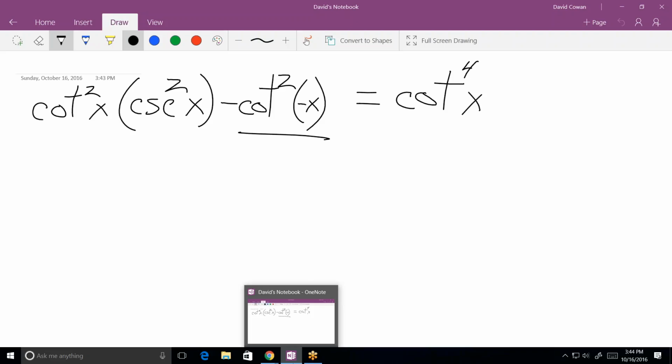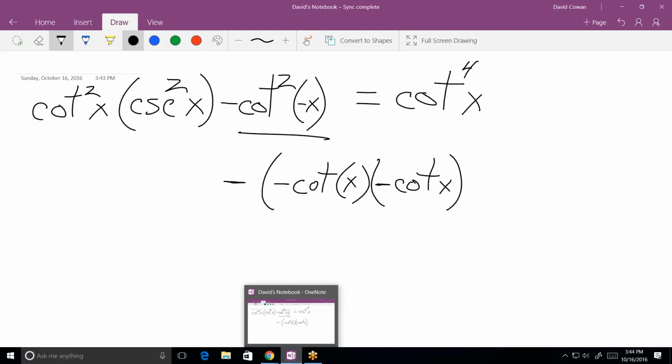So the fact that that's odd means that that part of the equation I could write as minus cotangent of x times minus cotangent of x. In other words, all I've done is taken that and turned it into what it really is.